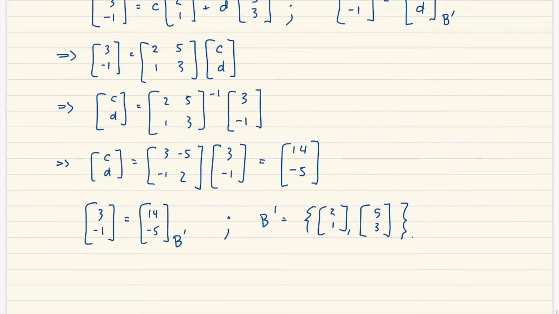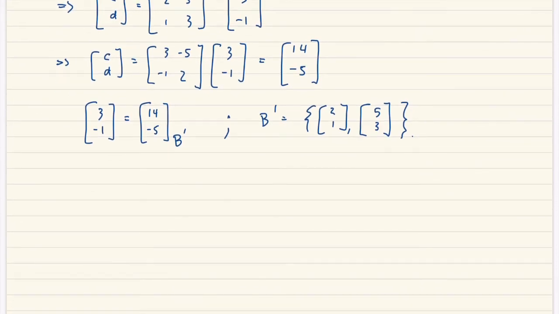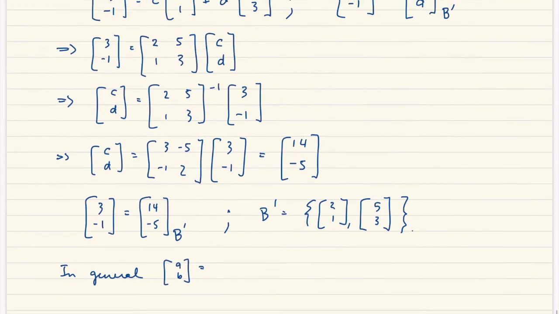So I could repeat this in general. I think it's worth just saying a few more things here. So in general, if I have the vector AB relative to the standard basis, I could write that as, I'm just going to copy what I did up here. This is really 2, 5, 1, 3 times CD.